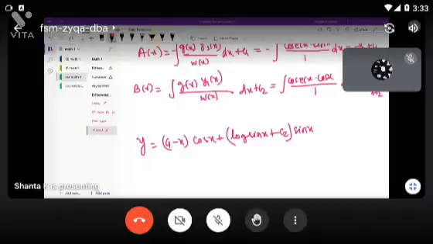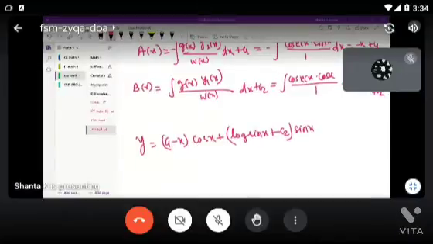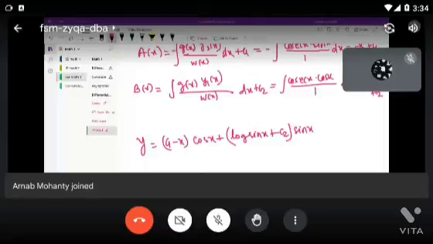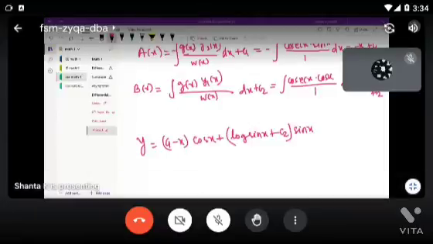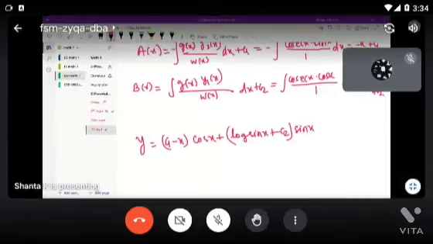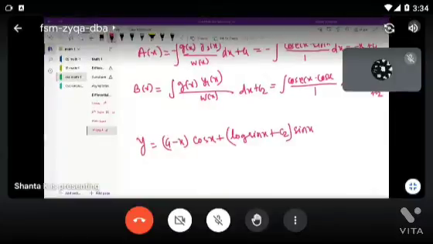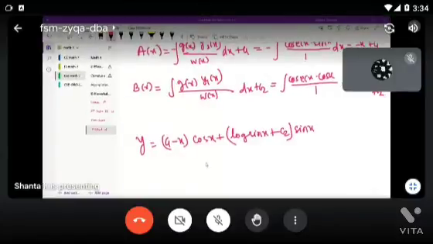So is there any scope of further simplification? So sin x log of sin x, and then we have x cos x.